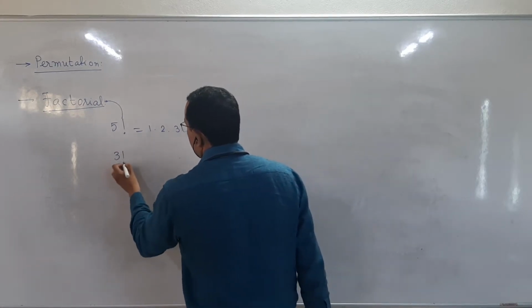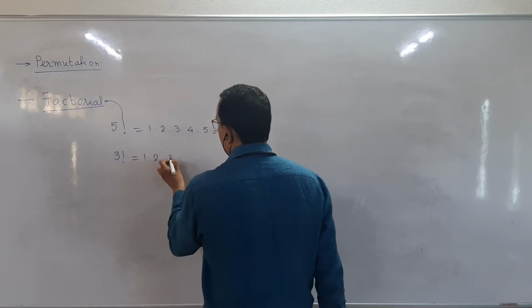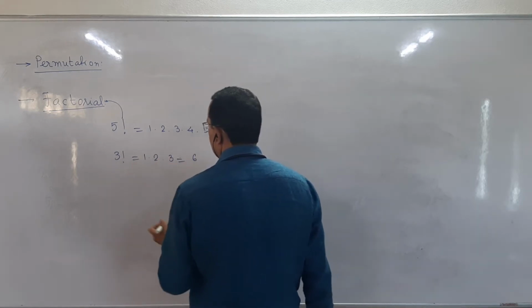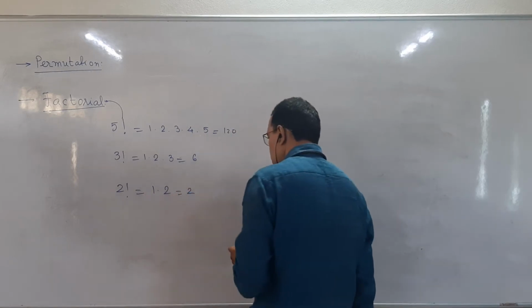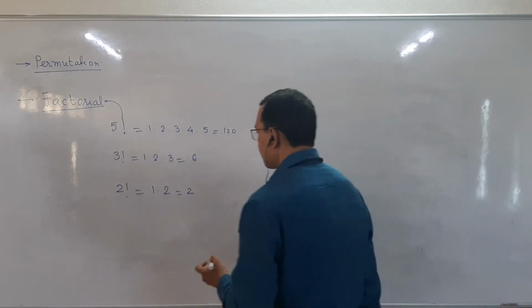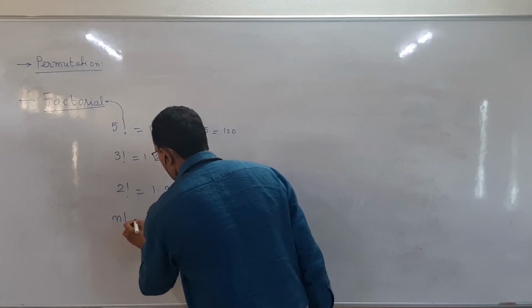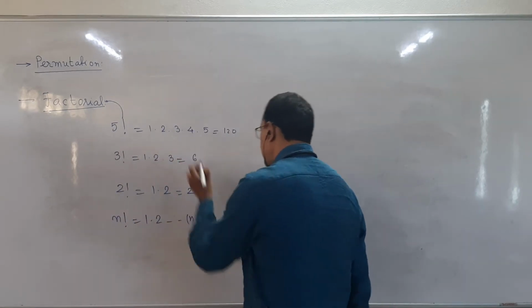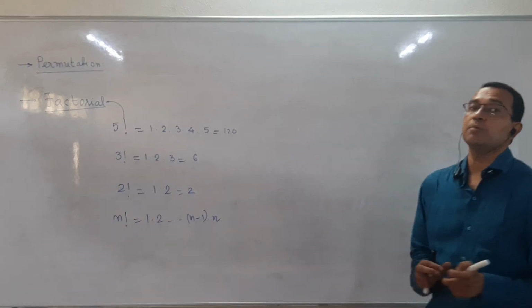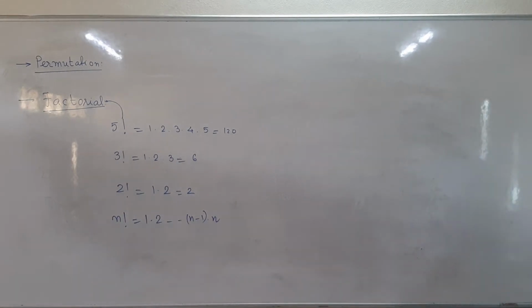If I write 3 factorial, it is the product of first 3 natural numbers, which is 6. If I write 2 factorial, it is the product of first 2 natural numbers, which is 2. In general, if I write n factorial, it is the product of first n natural numbers.